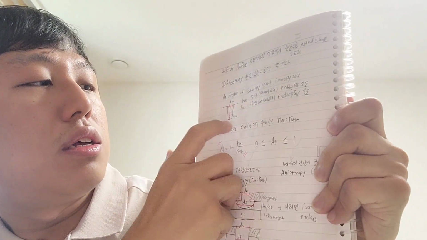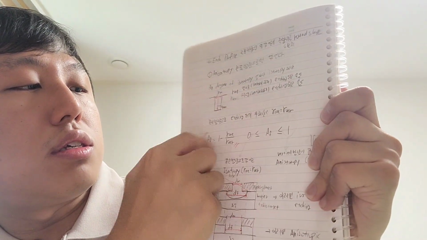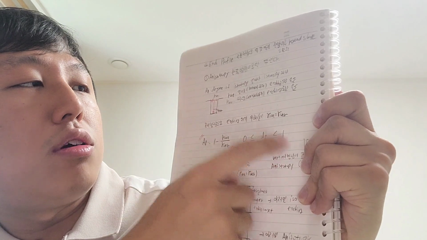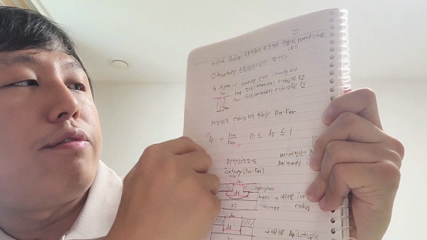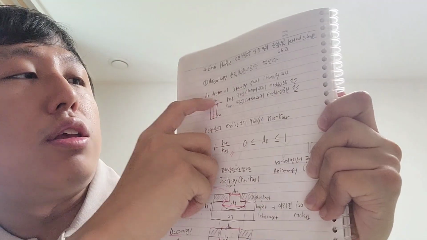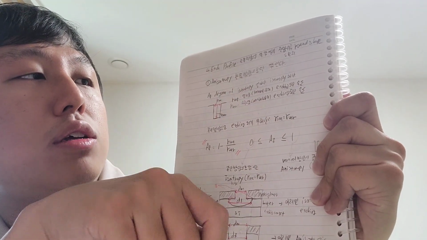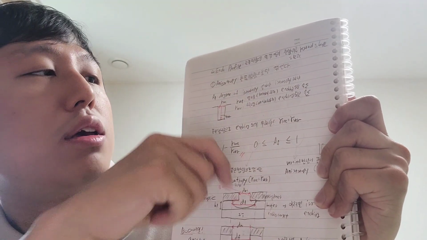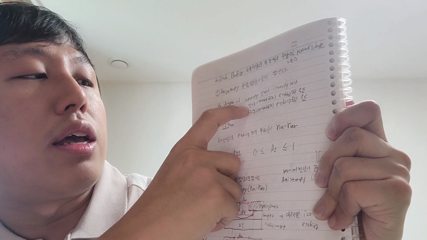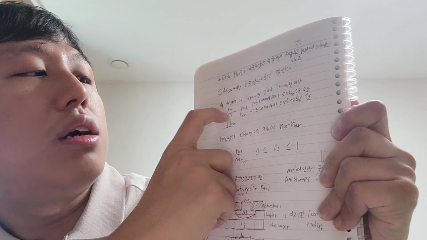And can you see this formula? This AF means degree of isotropy, how isotropic this etching is, and RAT and RVR.